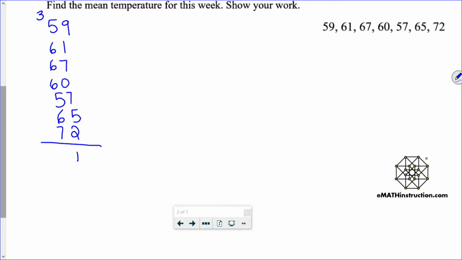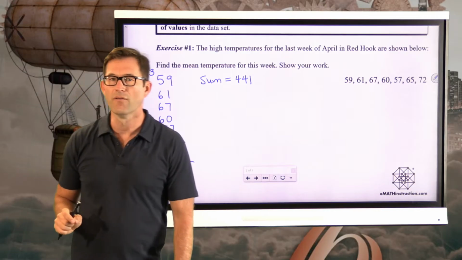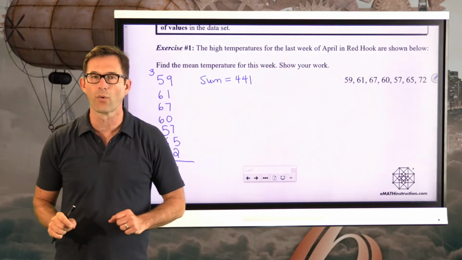Carry the 3. 3 and 5 is 8, 8 and 6 is 14, plus another 6 is 20, plus another 6 is 26, plus 5 is 31, plus 6 is 37, plus 7 is 44. So our sum, and that's always the first thing that we do when finding a mean, our sum of all of these temperatures is 441.